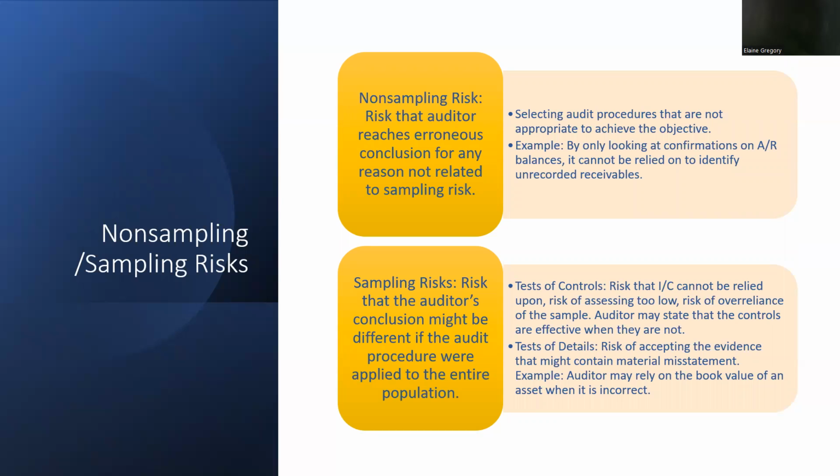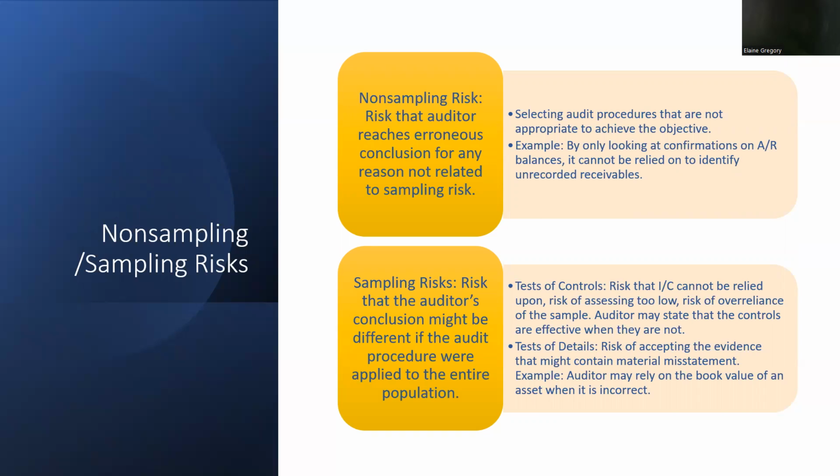There are two risks we have to think about: non-sampling risk and sampling risk. These are both our risks. Our risk in the non-sampling is that we reached the wrong conclusion for any reason not based on the sampling risk.